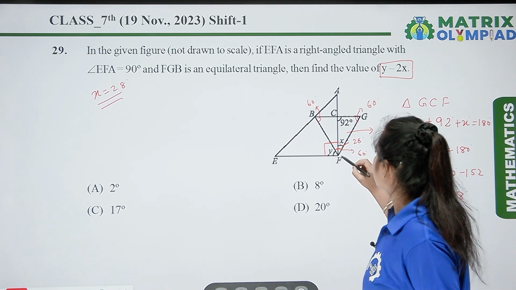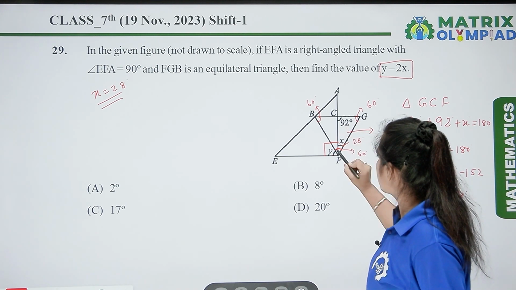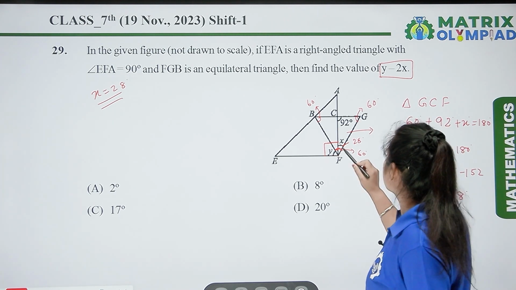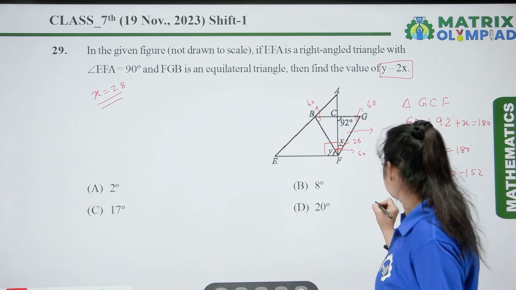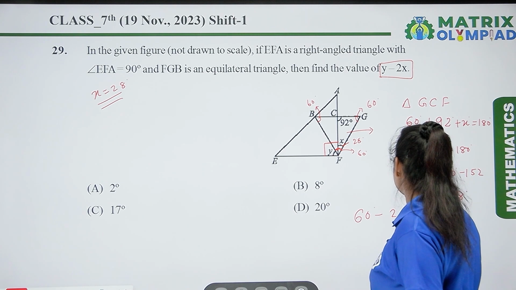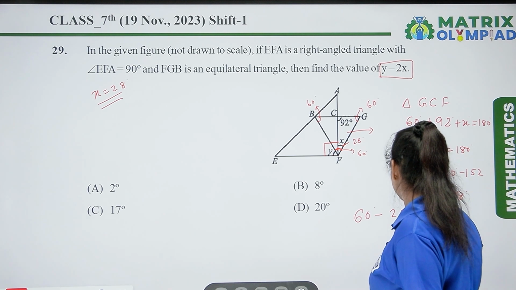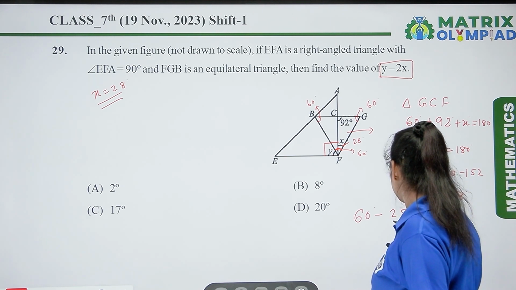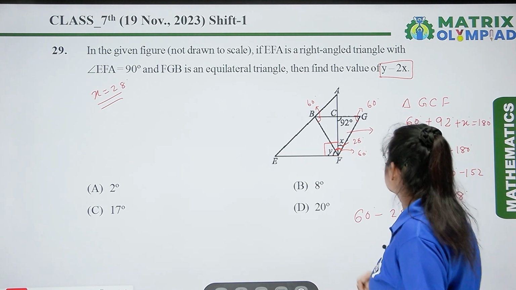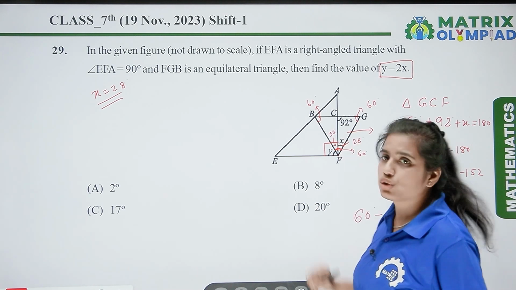We can easily find out the value of angle CFB, as this whole angle is 60 degrees. 60 degrees minus 28 degrees, we get 32 degrees, which means this angle is 32 degrees.